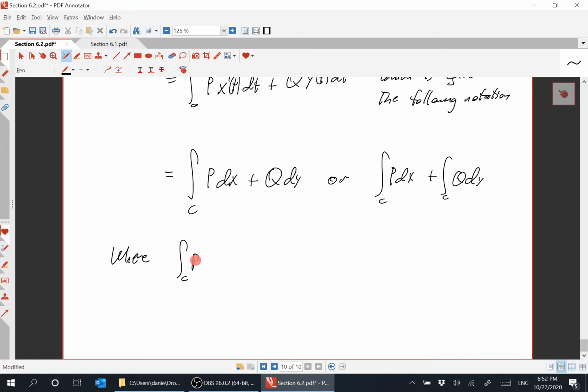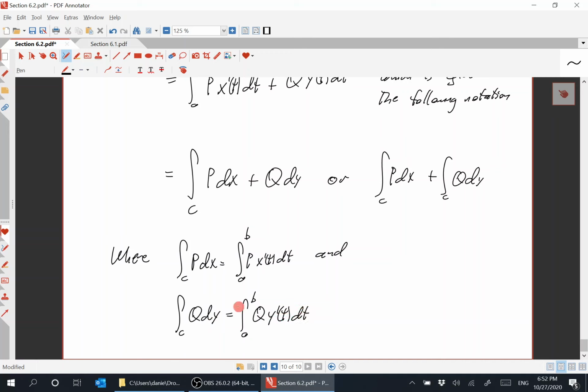Where the integral over c of p dx is equal to the integral from a to b of p x prime of t dt, and the integral over c of q dy is equal to the integral from a to b of q y prime of t dt.